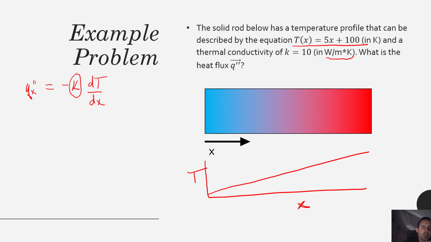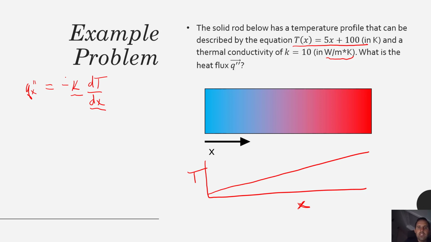Our thermal conductivity is always a positive number, a finite and positive number, and then we have this minus sign. That minus sign is pretty critical because that's telling us which direction heat is flowing. So we have a positive temperature gradient and a positive thermal conductivity, so that's going to tell us that our flux is negative. And what does it mean to have a negative heat flux? Well, that is really just a function of how we've defined our coordinate system.